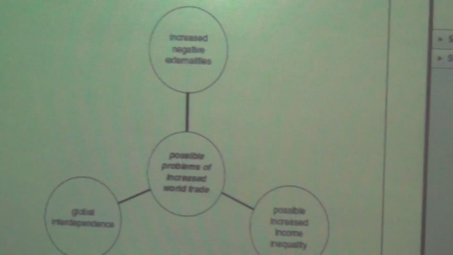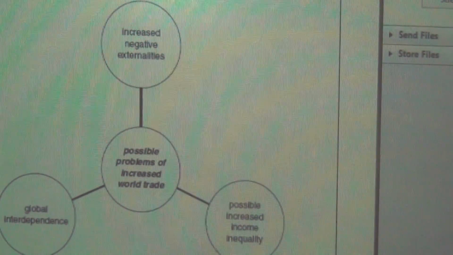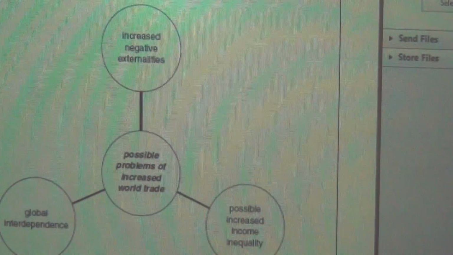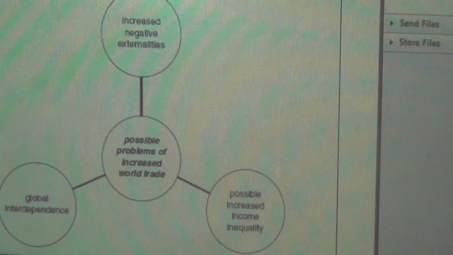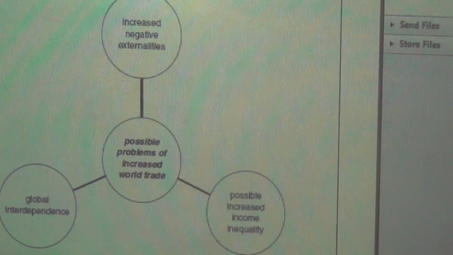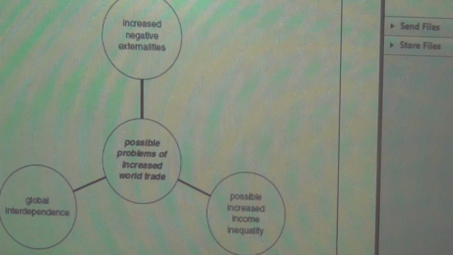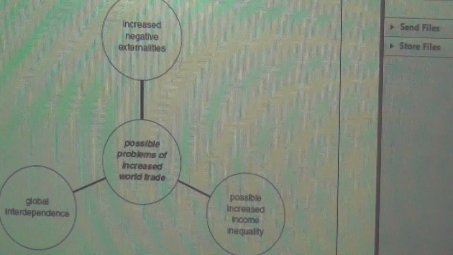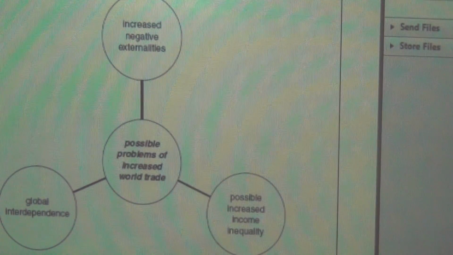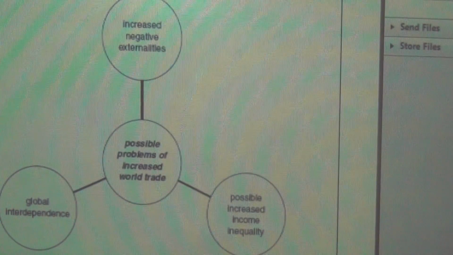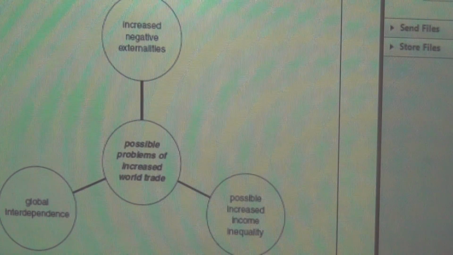And then finally, on the right hand side, increased income inequality. Now, of course, globalization, many would argue that that actually raises standards of living across the globe, and the differentials in incomes between nations are actually getting smaller, and that is true.